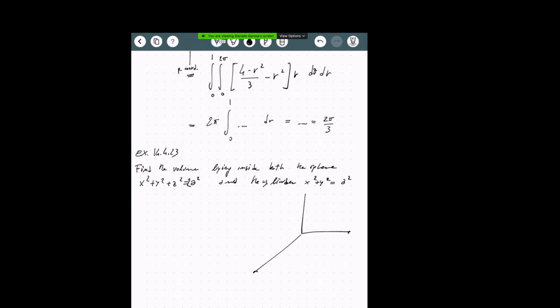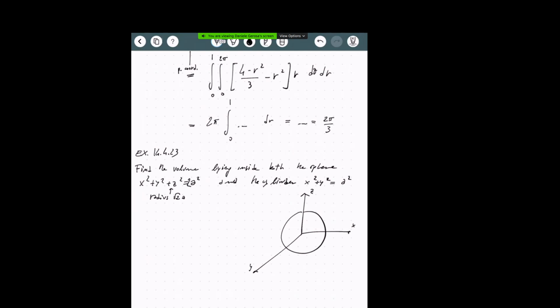We have some sphere, in x, y, z. The sphere is centered at the origin, and the radius is the square root of 2 times a, while the radius of the cylinder is just a.